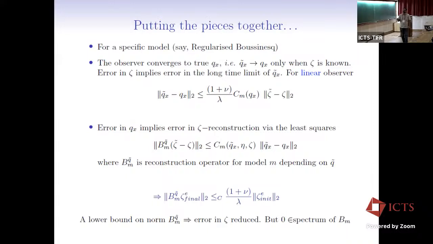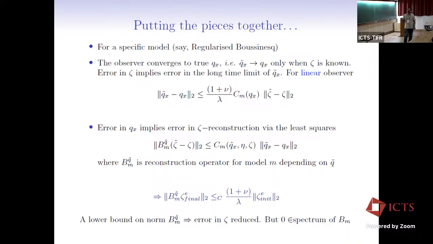You just want to chain them and end up with a statement of the following form, that the reconstruction operator hitting the final error is upper bounded by the initial error. So if you make 1 plus nu by lambda less than 1, or sufficiently small, you are able to actually show the update is a better update.